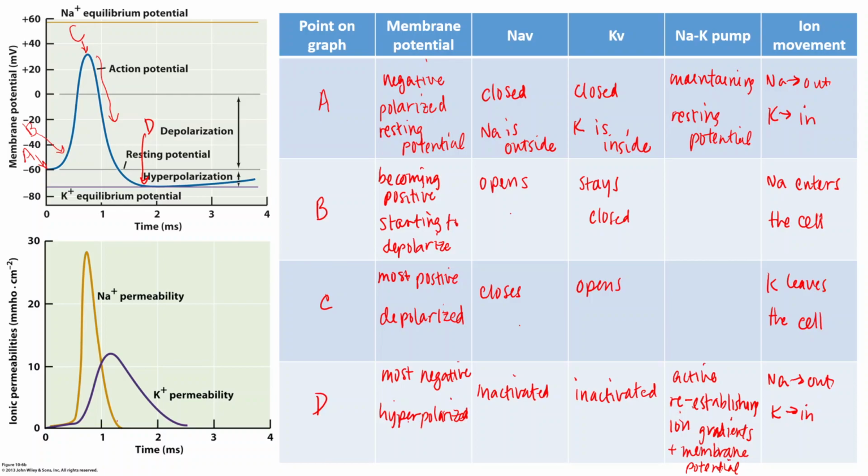And sodium ions, both because of the difference in charge and also because of the difference in concentration of sodium itself, are going to want to go in because of the electrical and the chemical properties of that gradient. So I'd say one is just charge and one is both charge and concentration.